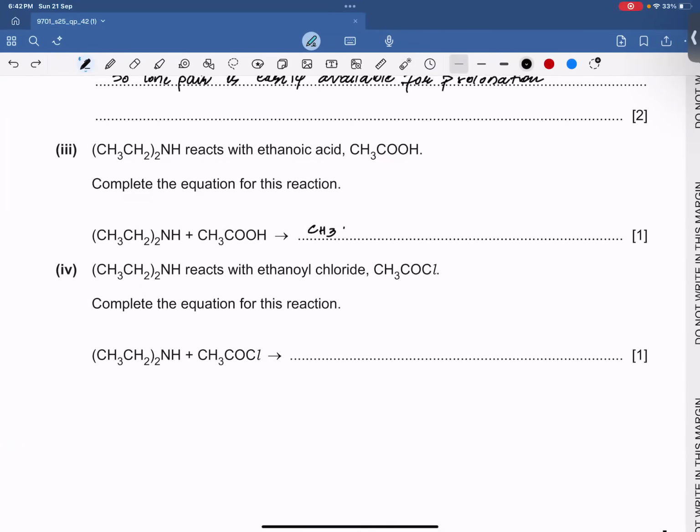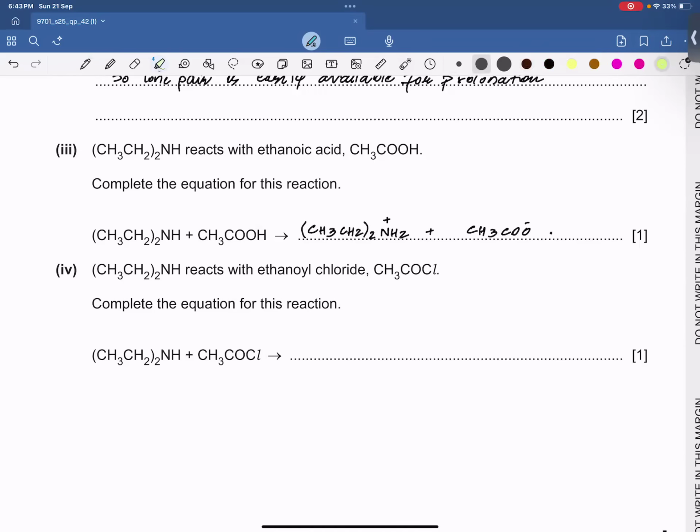Diethyl, CH3, CH2 attached to NH2 positive. Okay, so this is an acid. It donates its proton. This is an alkali, so it accepts a proton, and as a result, you will get CH3COO negative.